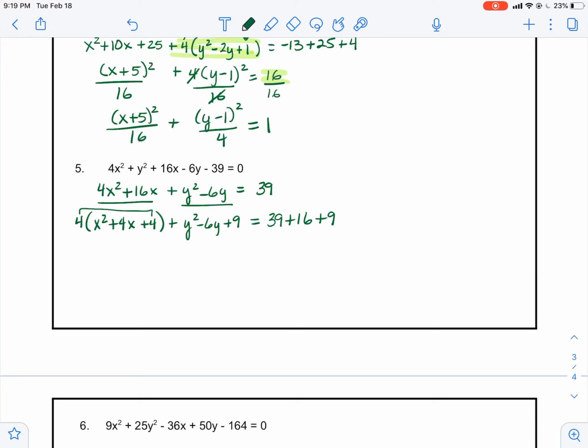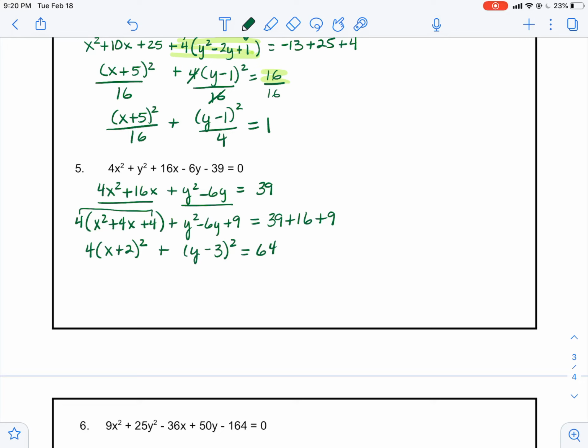Okay? So this is 4 times x plus 2 squared plus y minus 3 squared equals, and we're going to add all that up, and what does that make? 25 and 39. Can't do math in my head. So 25 and 39, I get 64.